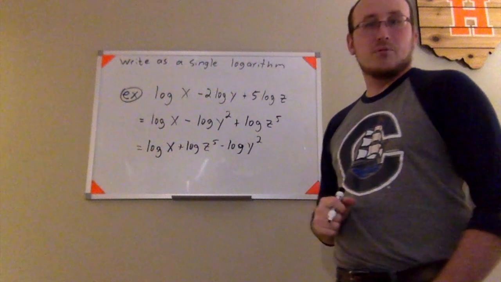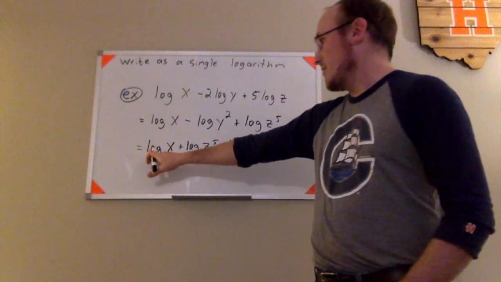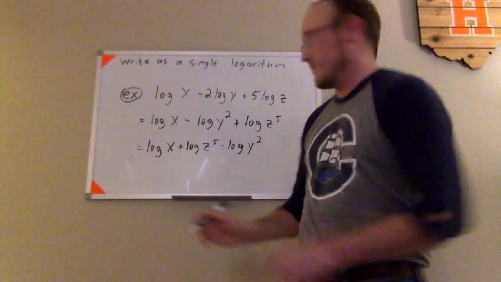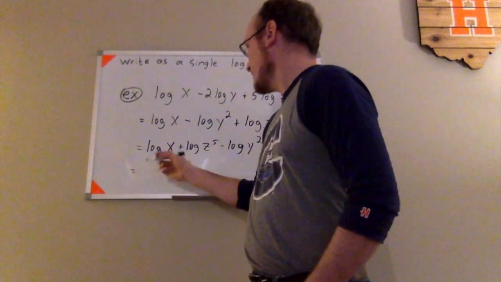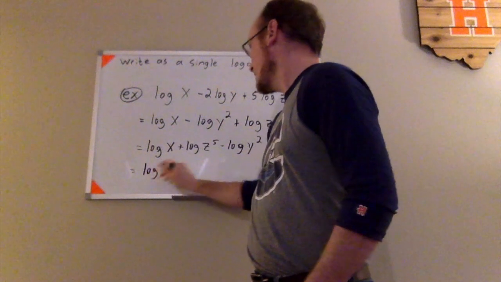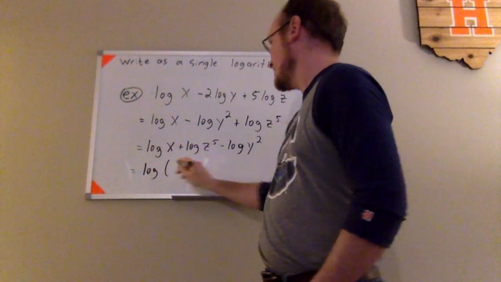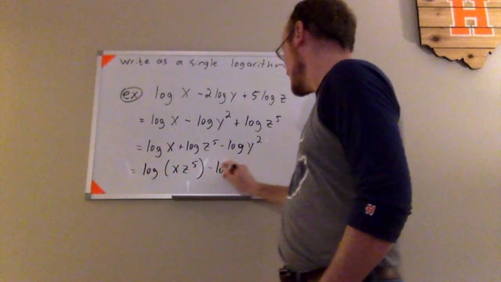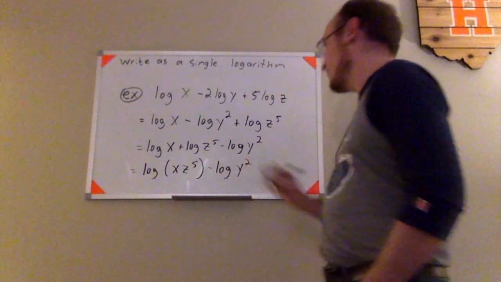I'll use that product property to put this log of x plus this log of z to the 5th back together as a single logarithm. So that would become log of the product of x and z to the 5th, which is just xz to the 5th, like that, minus log of y squared.